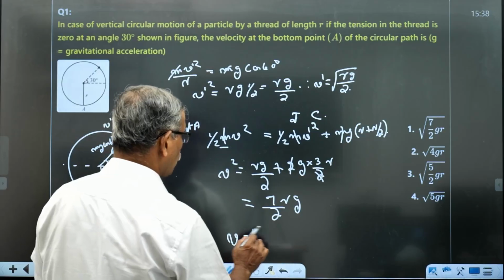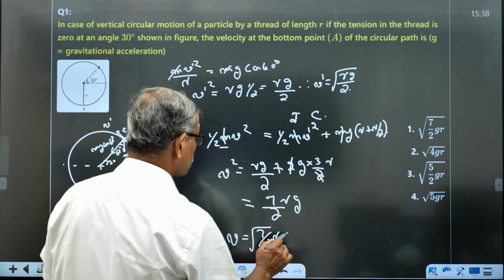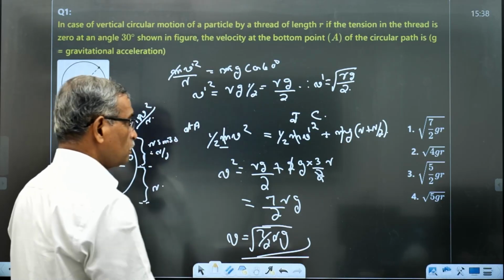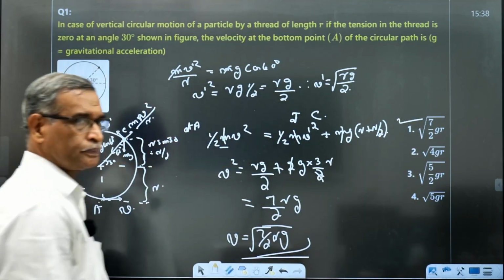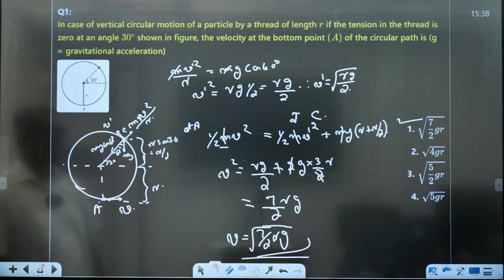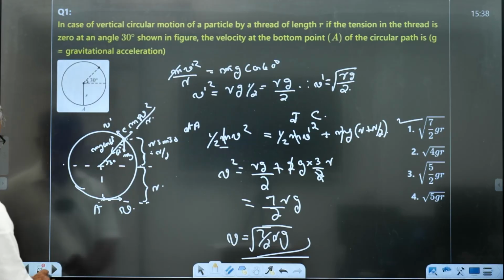Therefore, v is equal to root of 7 by 2 rg. Option 1 is the answer. So we apply the energy conservation and get the answer.